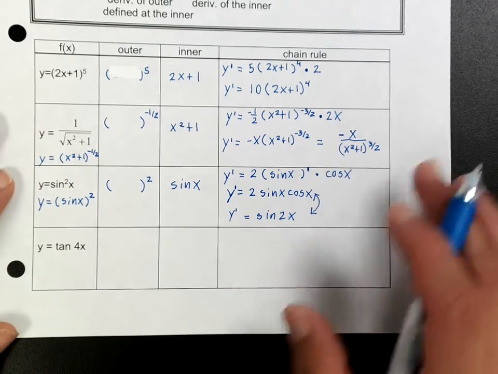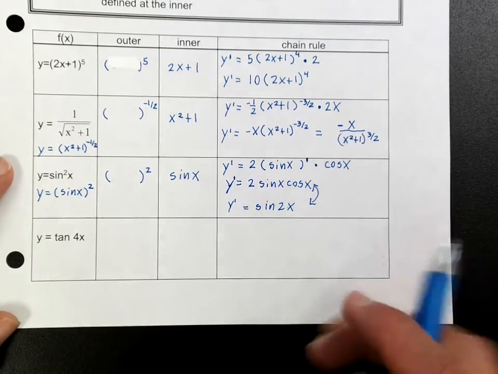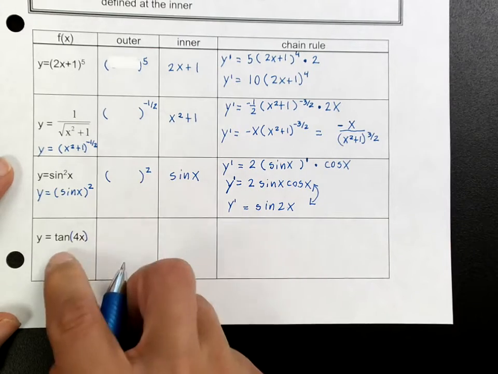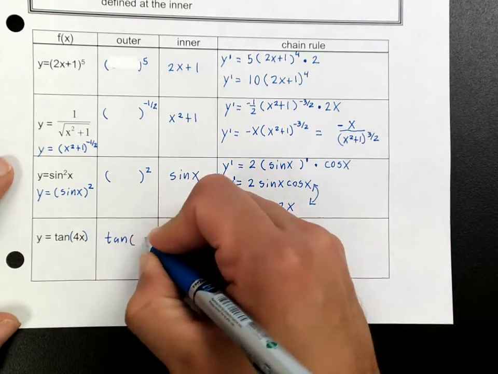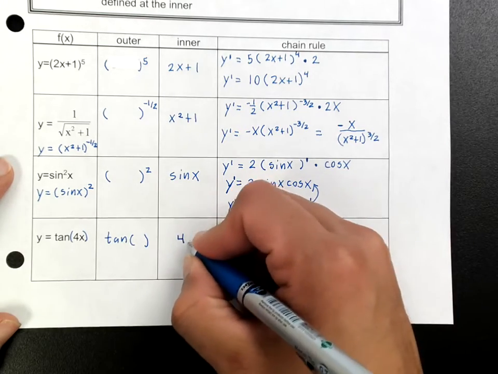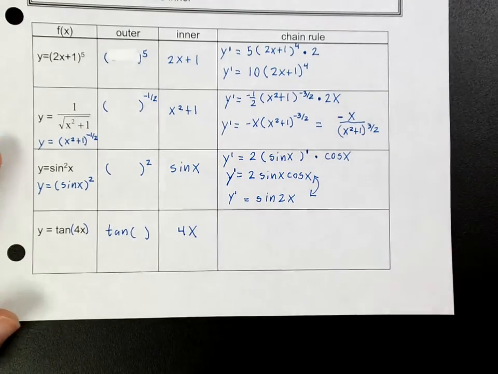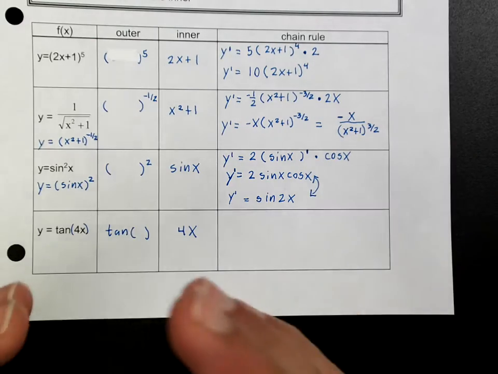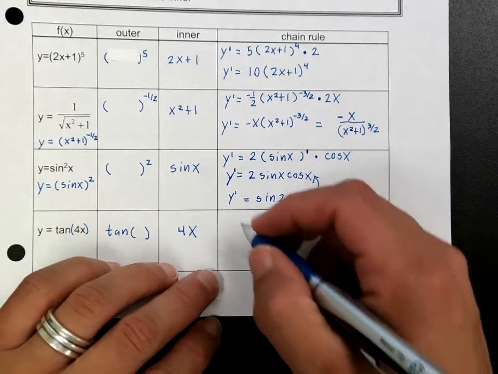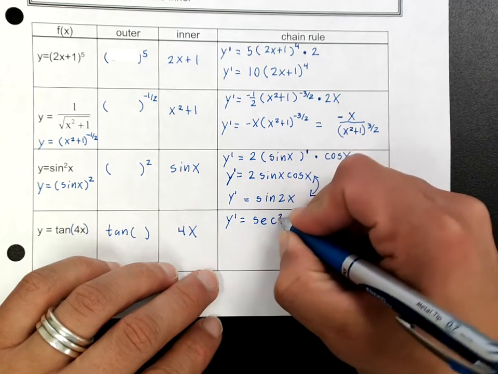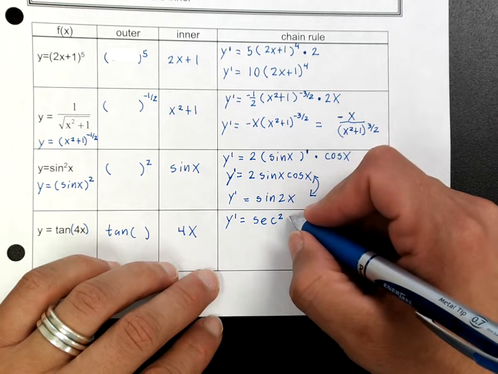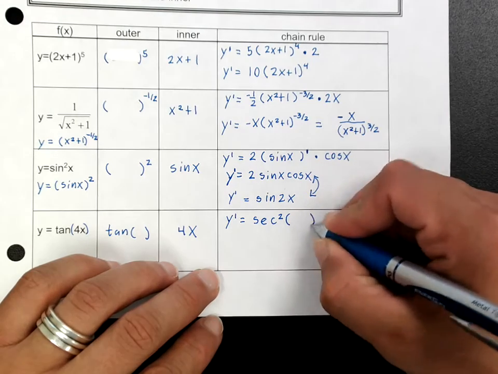So on the next one, if you have a tangent of 4x, what that really says is that the outer function is the tangent, and the inner function is the 4x. So now, once we know that, we're going to take the derivative of the outer. The derivative of tangent is secant squared.